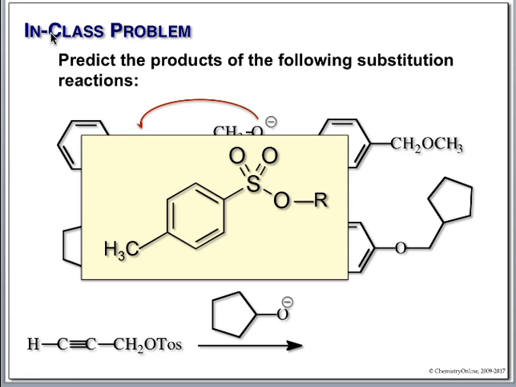That means that this whole chunk is a beautiful leaving group, so you can easily break this bond. This half is what's referred to as a tosylate, OTs. You break your bond this way, and this is the anion of toluene sulfonic acid. Very, very good leaving group. So think of it just as a halogen or something like that.